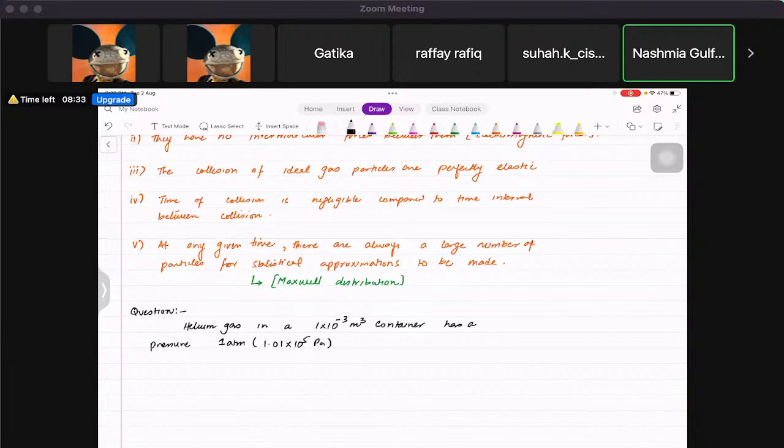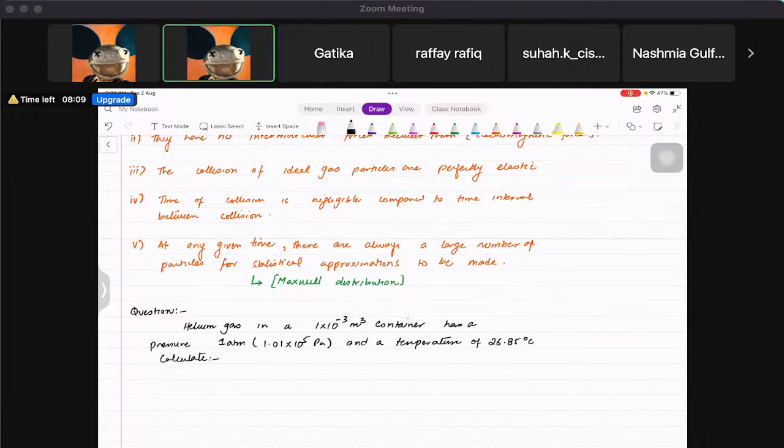Helium gas in a 1 times 10 raised to minus 3 cubic meter container has a pressure of 1 atmosphere, which is 1.01 times 10 raised to 5 pascals, and a temperature of 26.85 degrees Celsius.